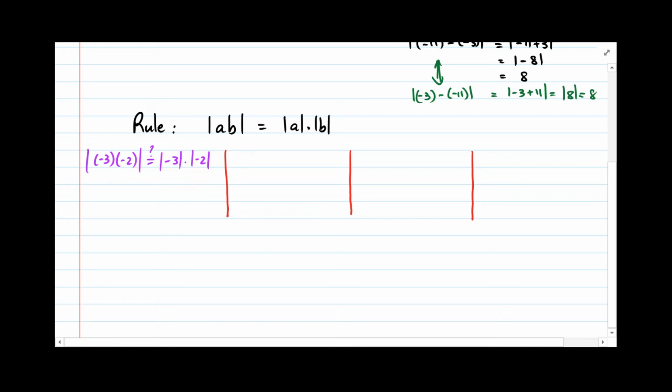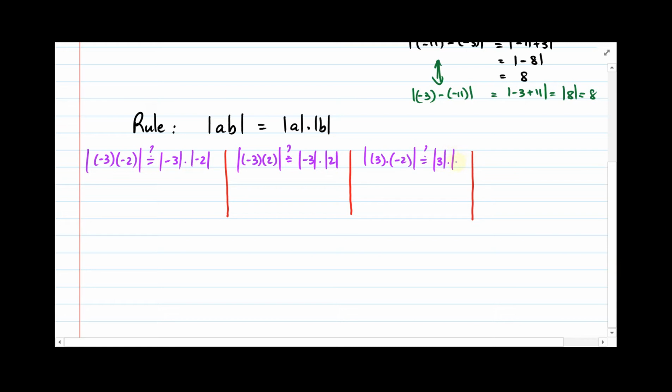So both are negative. What happens if we make one negative, the other positive? Is this the same? Let's change around. Does it matter the order that we have these positive and negative numbers?